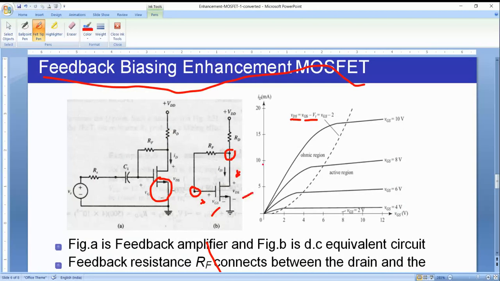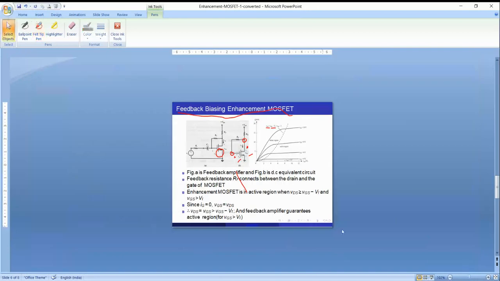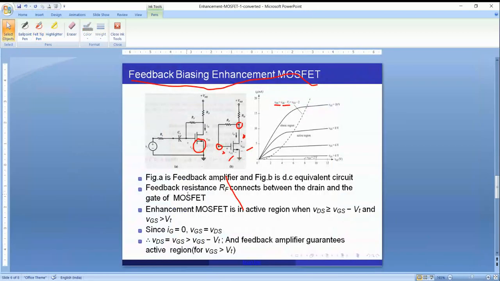So when VGS is equal to VDS, what is the condition for the MOSFET to be operating in the active region? VDS should be greater than VGS minus VT and VGS should be greater than VT.